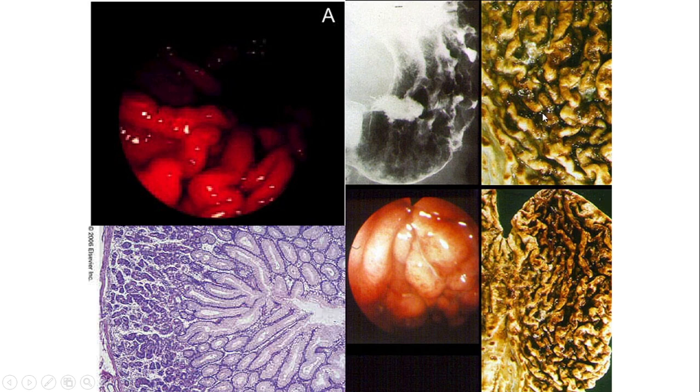So prominence of the gastric rugae, giant gastric folds by endoscopy, and microscopically there is hyperplasia, an increase in the number of glands and number of mucus secreting cells.